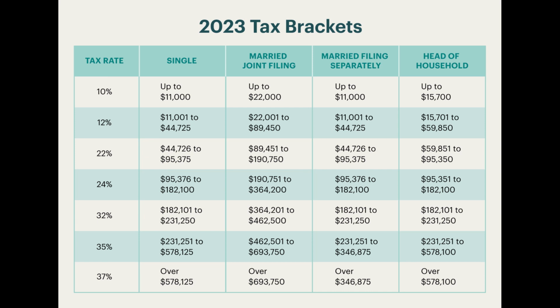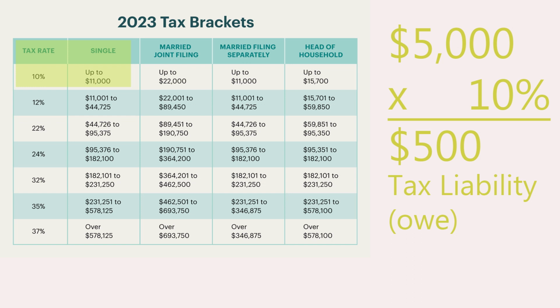What you're seeing here are the 2023 tax brackets. Let's look at this tax bracket in a very simplistic manner. Let's just say you're a single filer and in 2023, you made $5,000. So your tax rate on that $5,000 is 10%.